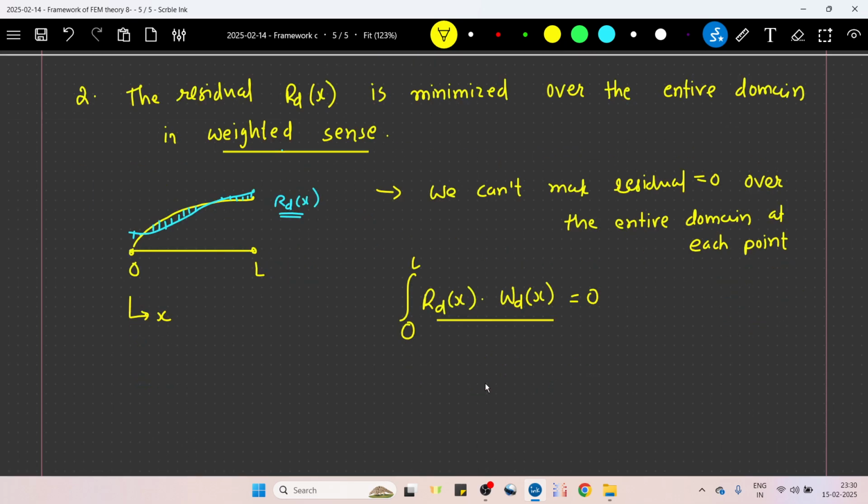Hope it makes sense. And therefore this is what we get, and this is nothing but a weighted residual technique, so we'll just apply it to our problem.